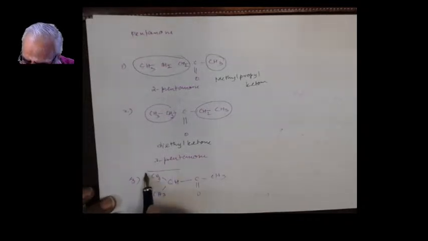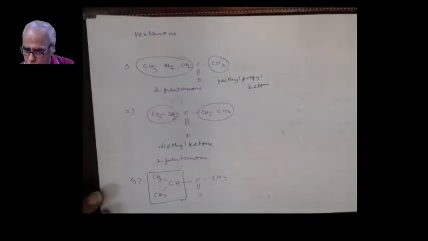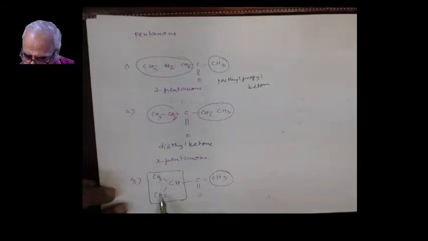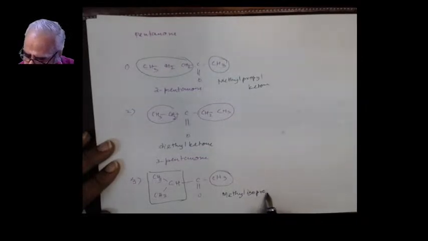What about this isopropyl? Is it not? It is branched, and this one is methyl. So it's called methyl isopropyl ketone.